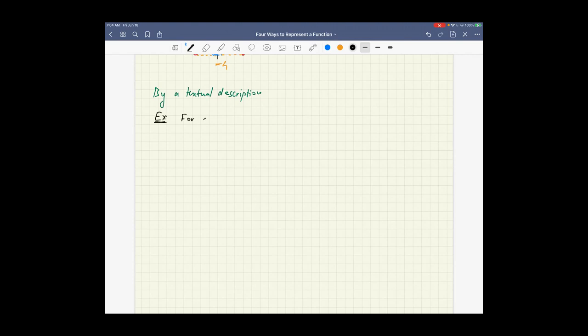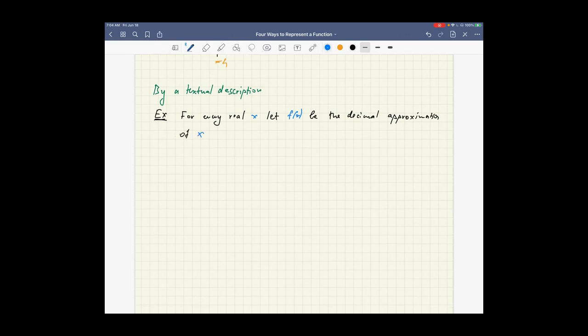So the function is this: for every real x, let f of x be the decimal approximation of x from below within 10 to the power -3.